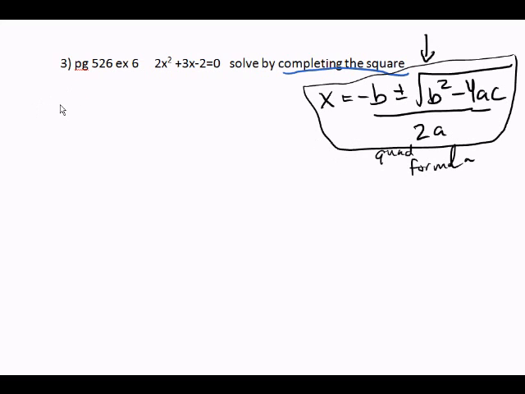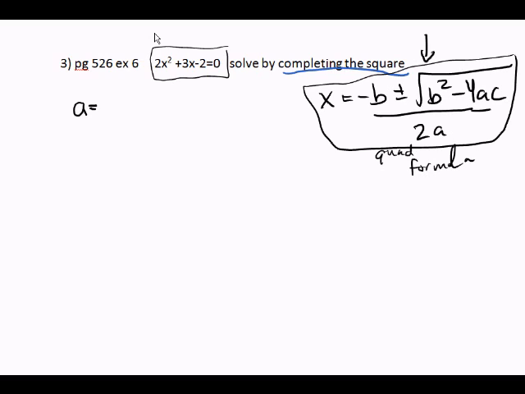We have to find out what a, b, and c equal. By looking at our equation, can somebody tell me what a equals?